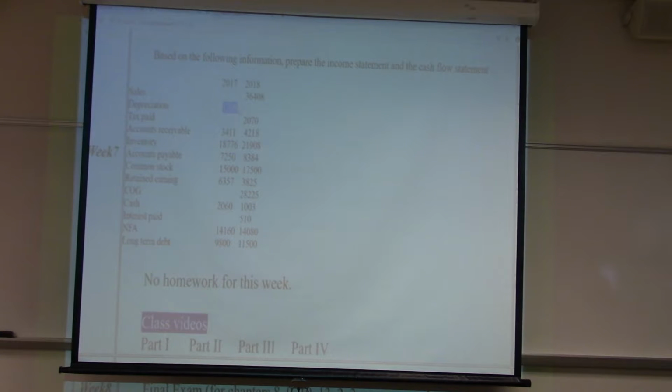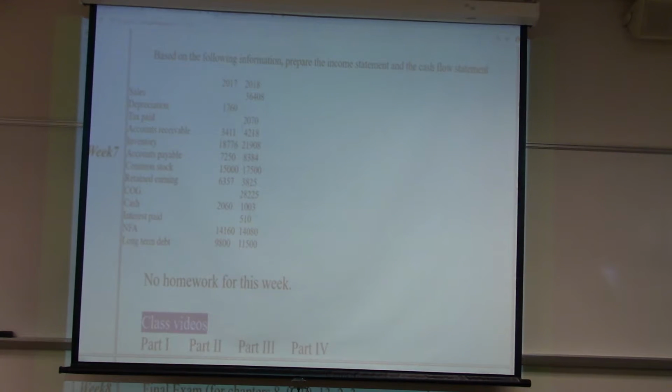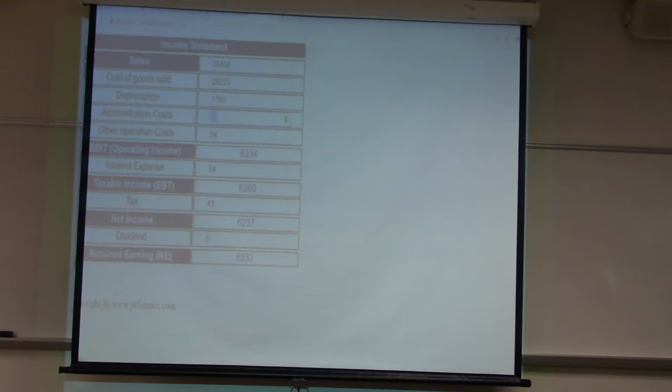So 1760, sorry for that. And that should be added to 1760, 2018. Okay, it's a mistake. All right, and then administrative costs. If it's nothing, just put 0. So if you don't see the category, it's 0. In the exam, I think it's the same. You put 0 for administration and operation. Okay. So you see, you got the EBIT.